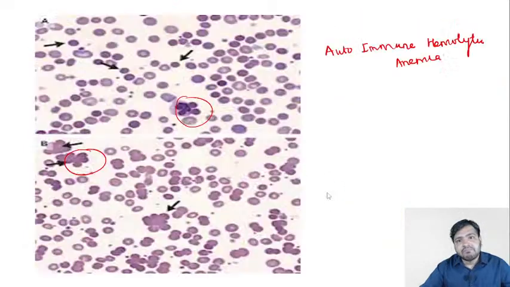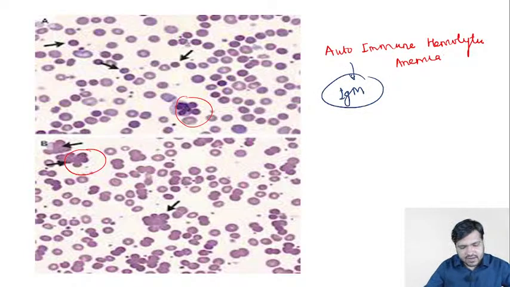Megaloblastic done. Autoimmune hemolytic anemia, basically it is the agglutinin IgM. You can very well appreciate the cold agglutinin.